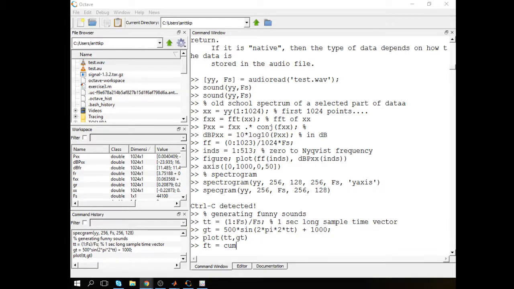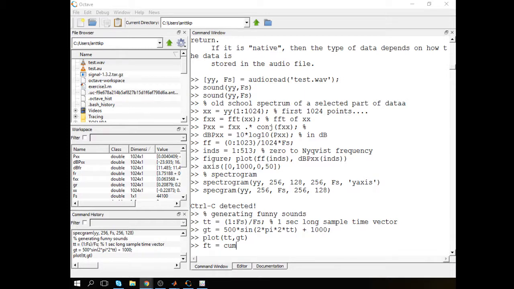Function list alphabetical. C. Cumsum, cumulative sum of elements. Or cumtrapz: cumulative numerical integration of points y using trapezoidal method.